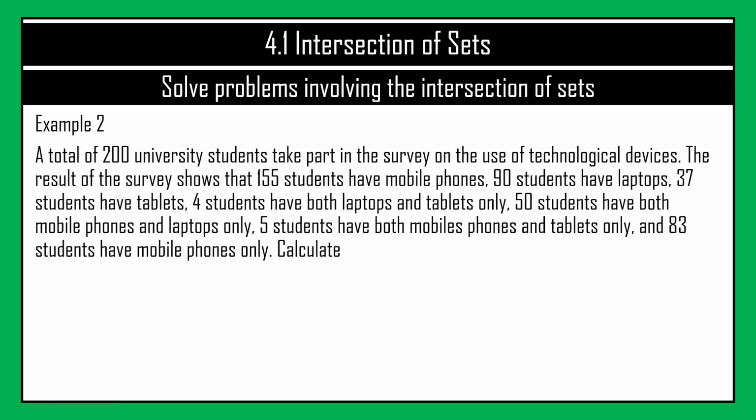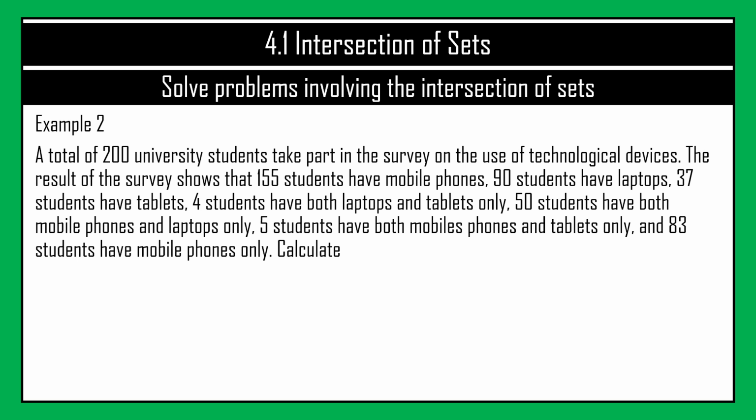The results show that 155 students have mobile phones, 90 have laptops, 37 students have tablets, 4 students have both laptops and tablets only, 50 students have both mobile phones and laptops only, 5 students have both mobile phones and tablets only, and 83 students have mobile phones only.